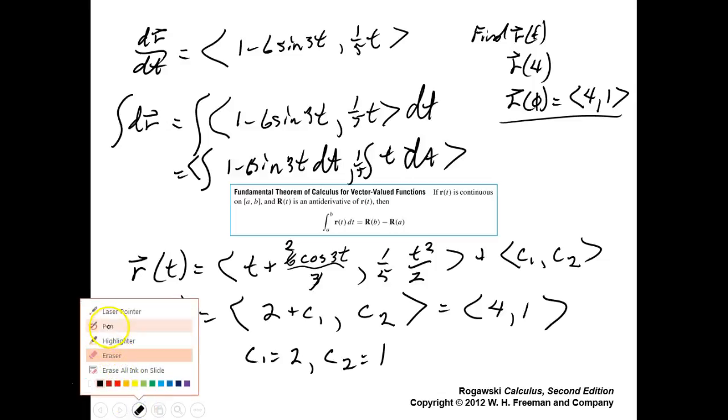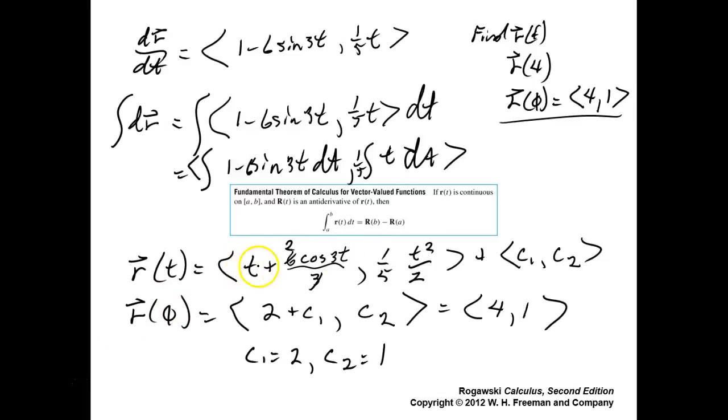Hang with me here for just a second. I'm going to write this t plus 2 cosine 3t plus 2, and this will be 1/10 t squared plus 1. Okay, and now I'll erase this part. So that's my general form of R of t, and now I figure out what R of 4 is.